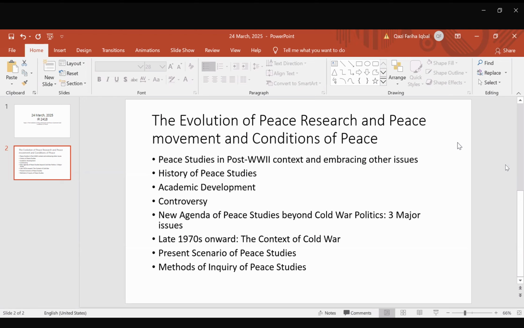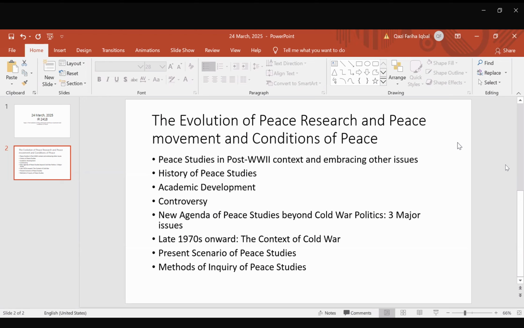IR was established as an academic discipline with this very noble focus of preventing war. It was very prescriptive in nature, concerning what sort of things should be considered to abolish the outbreak of war or the possibility of war.